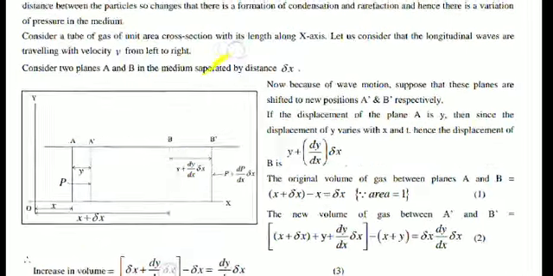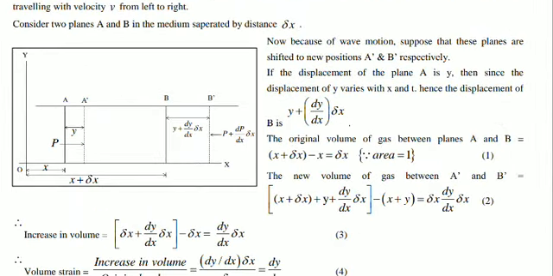Now let us look at this particular diagram. We are finding the velocity of sound actually. So how does the sound propagate? I have already told you that suppose I am speaking to you. Whenever I am speaking to you, it means that I am putting some energy in the medium.